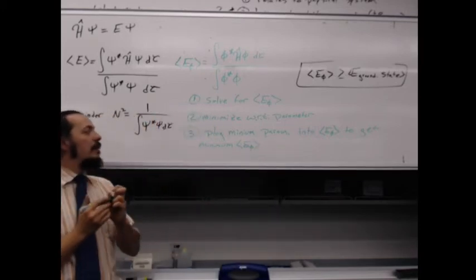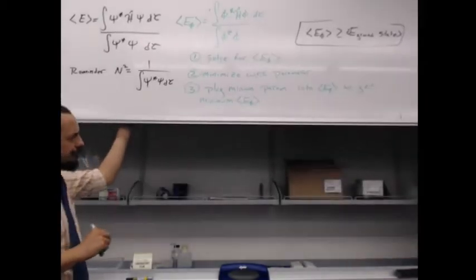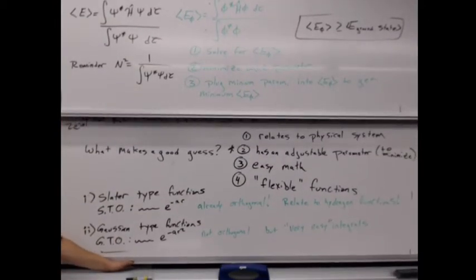And then you're going to plug that minimized parameter back into E phi to get your minimum E phi. This should give us the energy that is closest to the ground state energy. Again, if we have better guess functions, we'll get closer and closer to the energy.